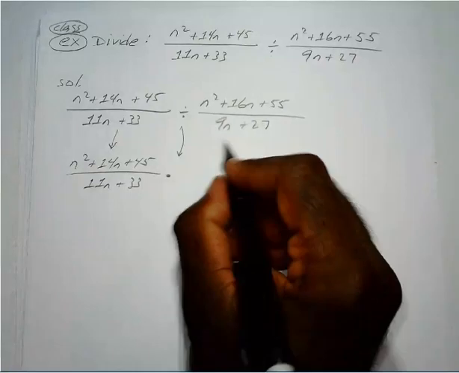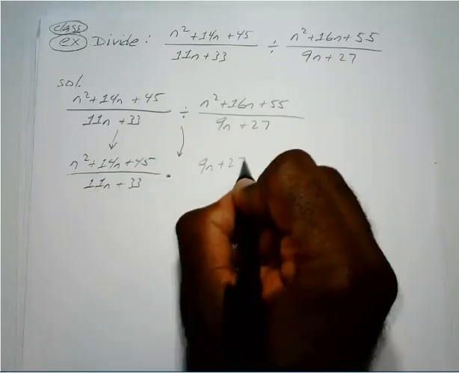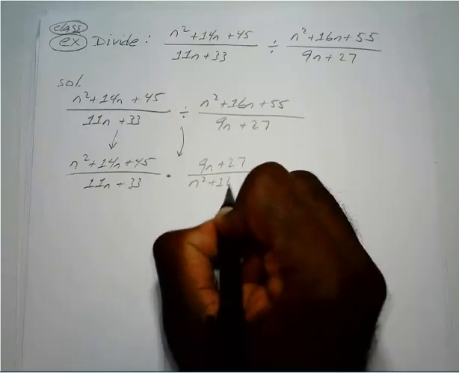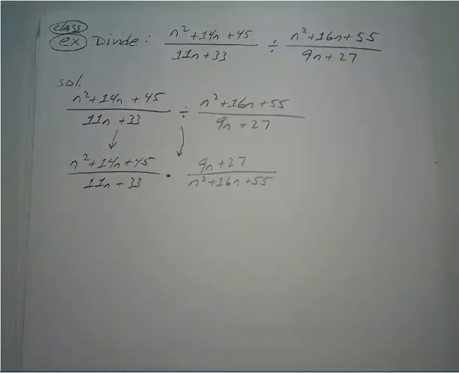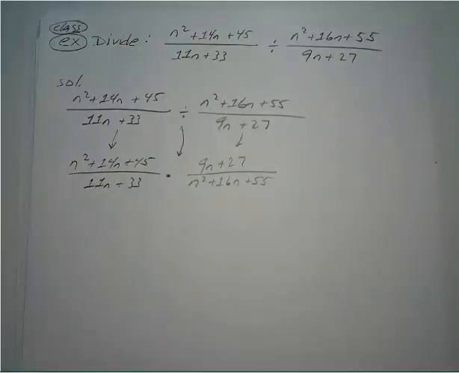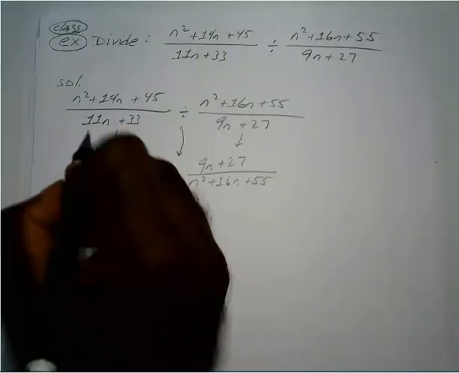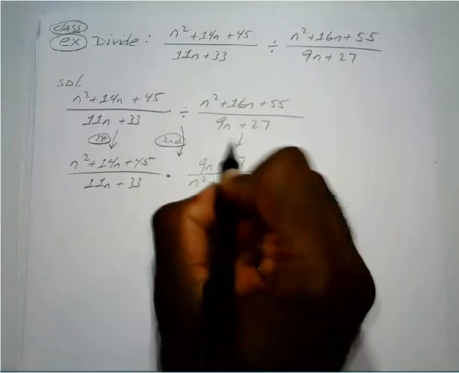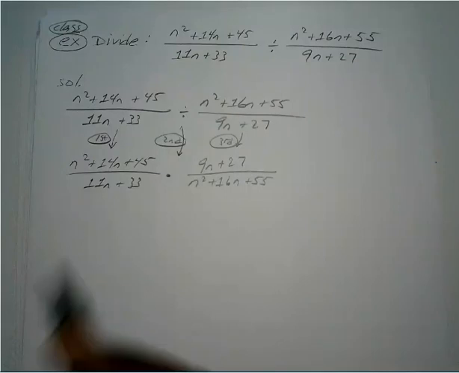So that gives you 9n plus 27 over n squared plus 16n plus 55. Okay, so that's your third step, which brings you to your fourth step, which means we just go ahead and multiply. Okay, so remember, this is first, this is your second, and this is your third step, which brings us to our fourth step, which is just multiplying.